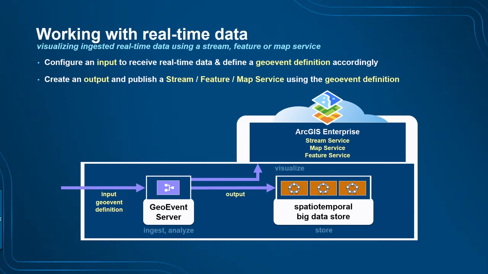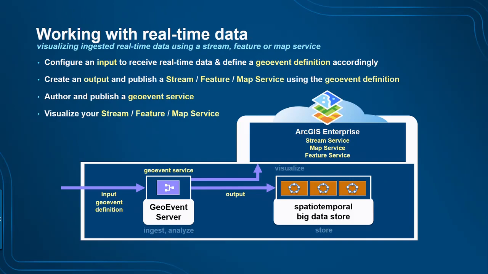Once you have your input, your output, your GeoEvent definition in place, you need to connect your input to your output. And that can be done by publishing a GeoEvent service. Once you have a GeoEvent service, you can view your features getting updated in real time on a map. It can be ArcGIS Online, or it can be clients like Operations Dashboard for ArcGIS.